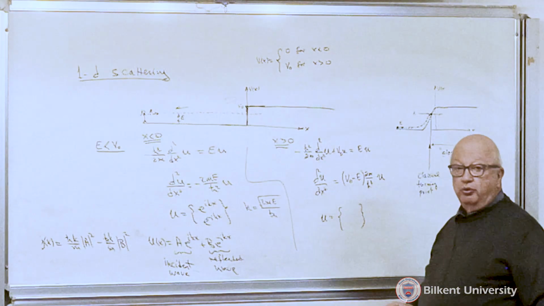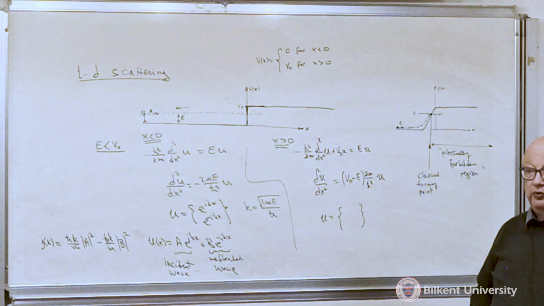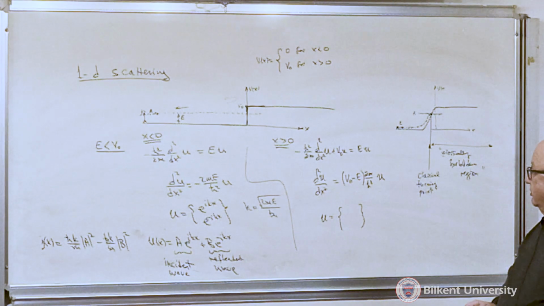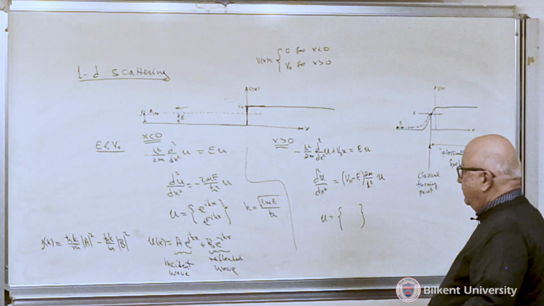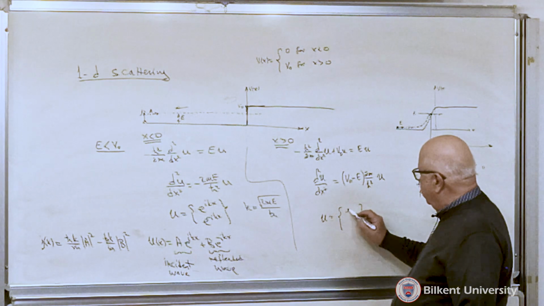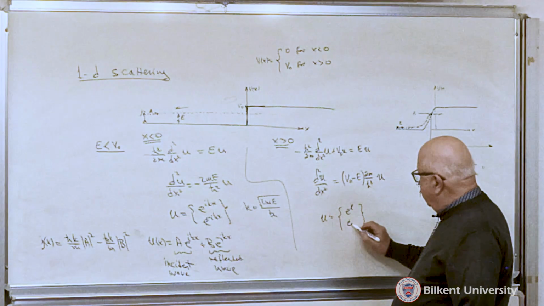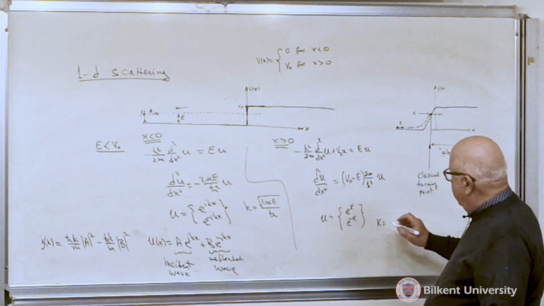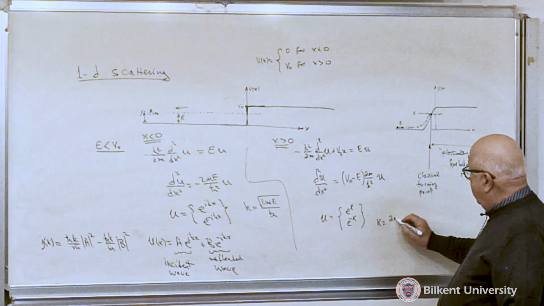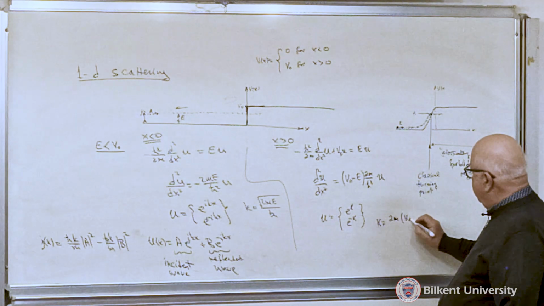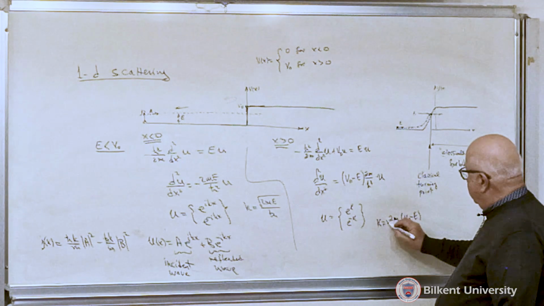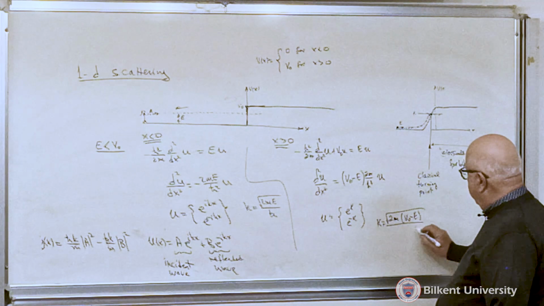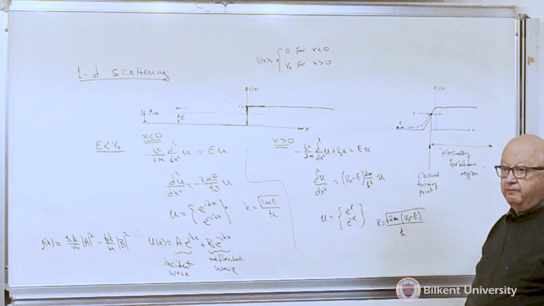Again, I'll have two solutions because it's a second order differential equation. What form of functions will I have on the right? Exponentials, but with real arguments. So it's going to be e to the plus kx and e to the minus kx, where k is going to be equal to the square root of 2m(V0 minus E) divided by h bar.